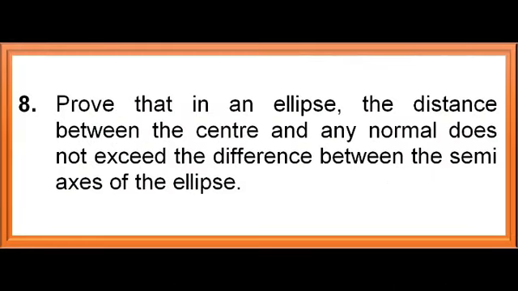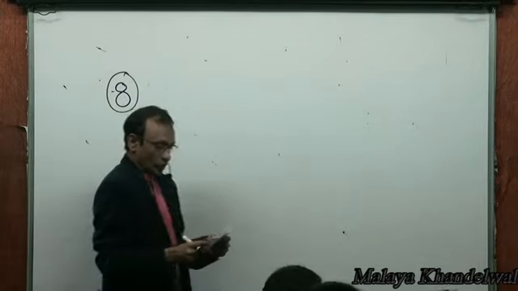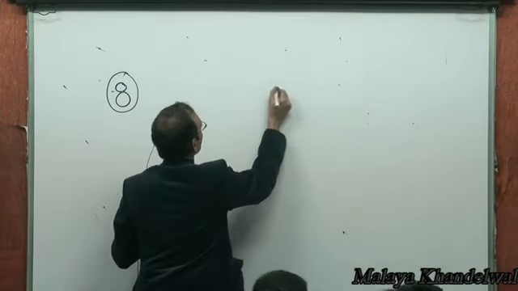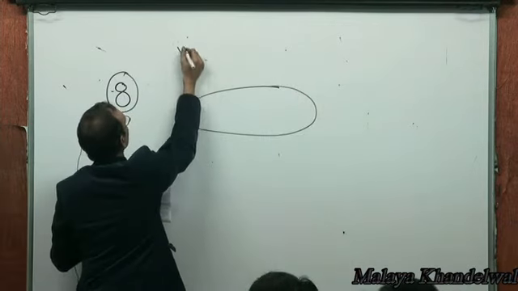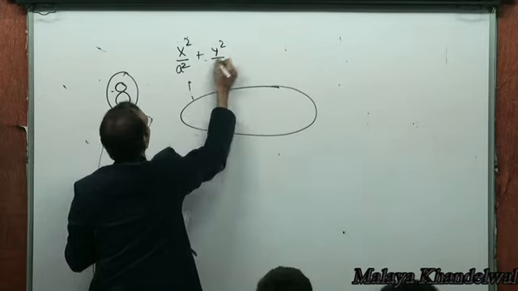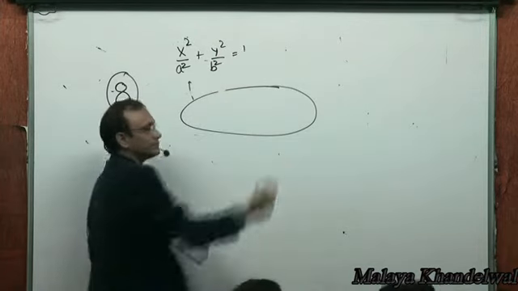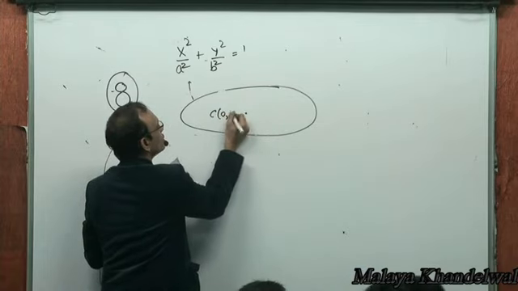Can I wipe this off? Number 8. So there is an ellipse. If nothing is given, might as well use convenience. The center of this ellipse is 0, 0.